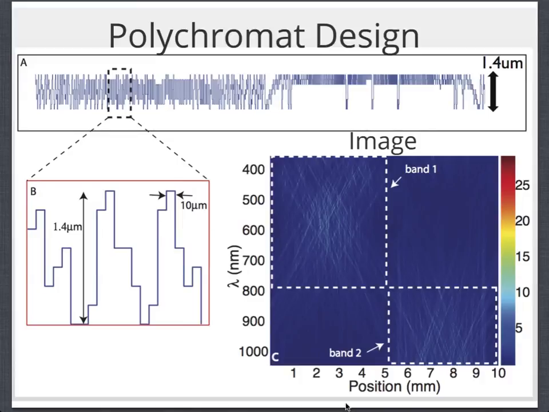For example, in two-band spectrum splitting, in one band you want the low energy photons, and in the other band you want the higher energy photons. This simulation plot shows that when you illuminate the design with light, it creates a diffraction pattern with these specific characteristics. In the left plane you have light from 400 to 800 nanometers, and in the right plane you have light from 800 to 1000 nanometers.